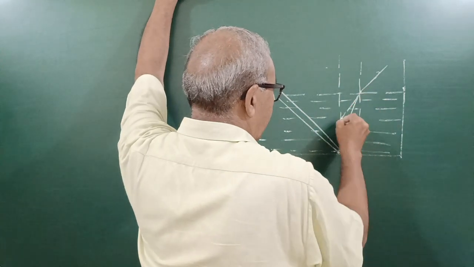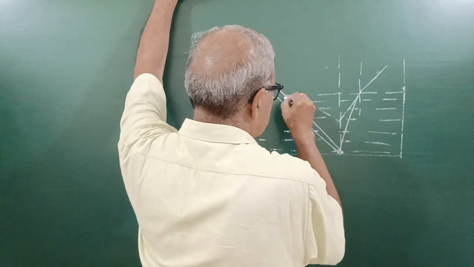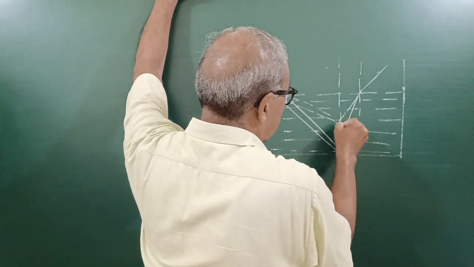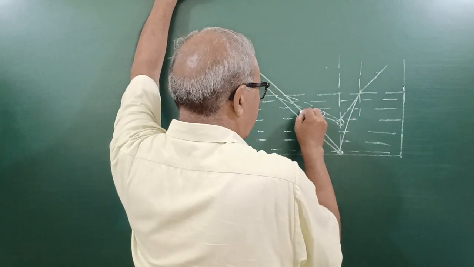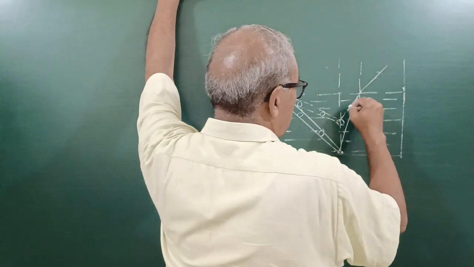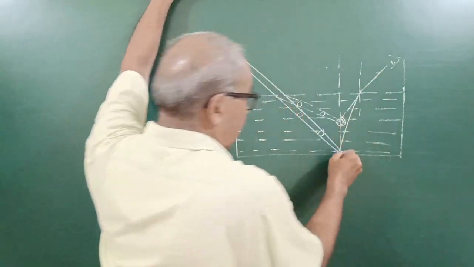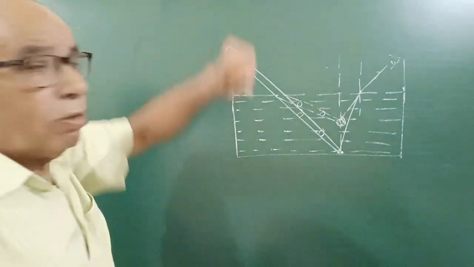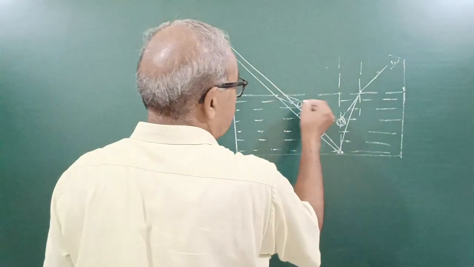So this point here will be seen here, and the rod will look like this. So you can show it like this. This point here, and this point here. So this ray of light appears to come to the eye from this point instead of this. So naturally it will appear broken. Please practice the diagram.